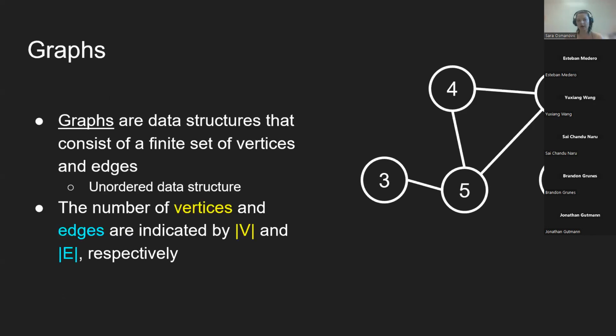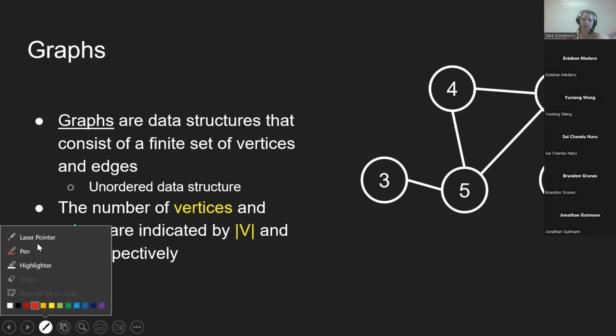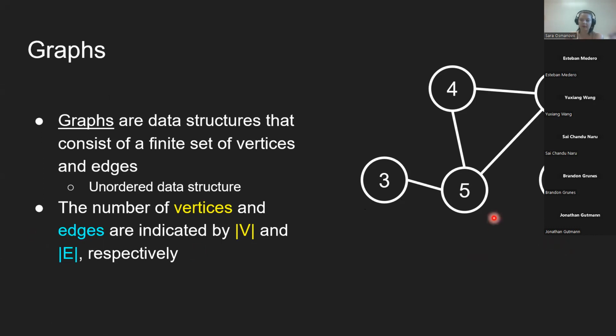So the properties of graphs. Graphs are data structures that consist of a finite set of vertices and edges. They're an unordered data structure, so that means we don't have the benefits of some potential searches to lower the complexity of it.